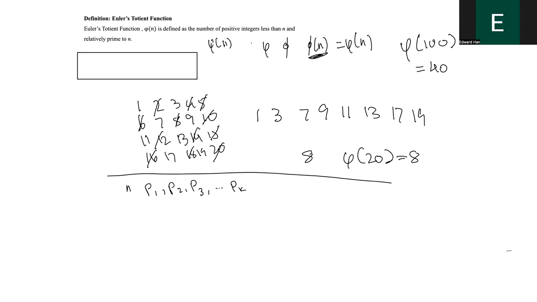Okay, so now we're going to use complementary counting and calculate our number as n minus the number of numbers from 1 to n such that they have a non-zero GCD with n.